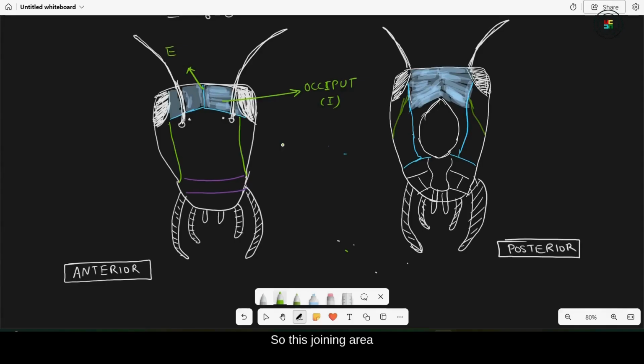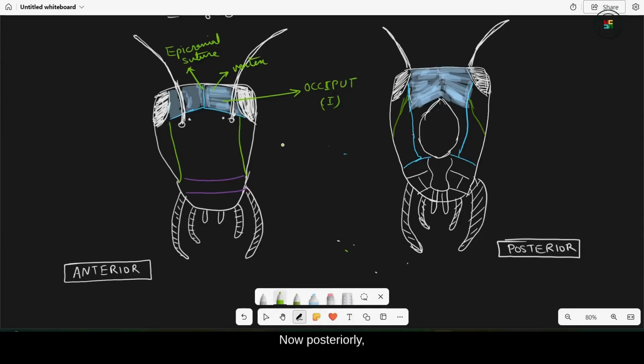So this joining area in between is the epicranial suture. In this region, the occiput is also called as vertex. Okay, so this is the first cephalic sclerite.